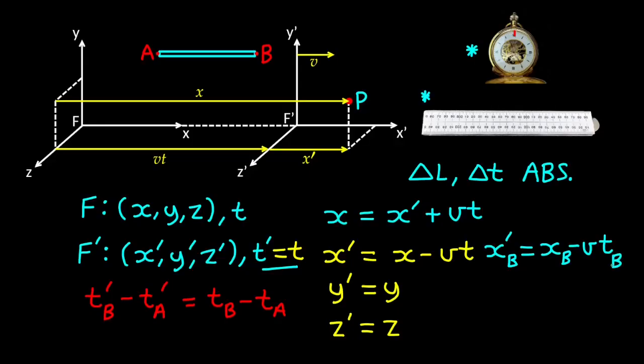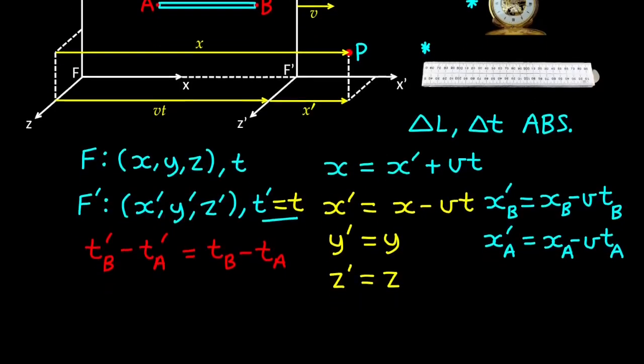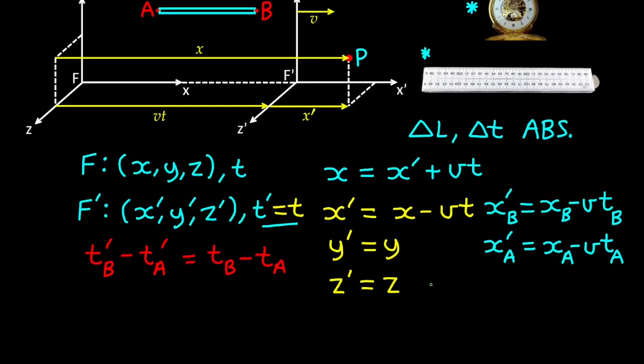We have a similar expression for event A: xa prime is equal to xa minus v multiplied by the time instant A. Now if we subtract these two expressions, we have xb prime minus xa prime is equal to xb minus xa minus v times tb minus ta.